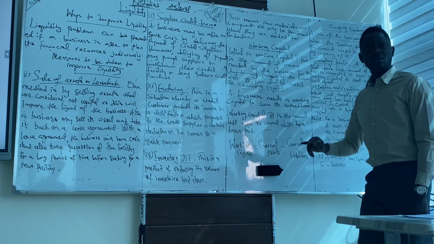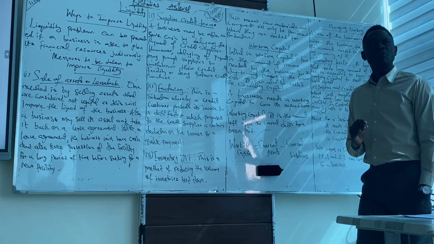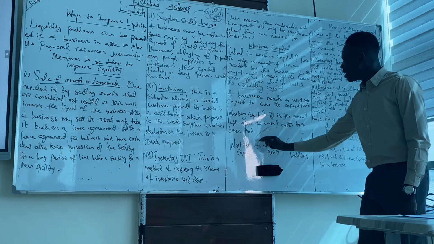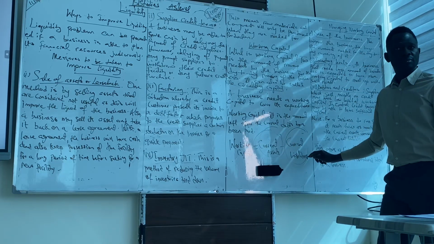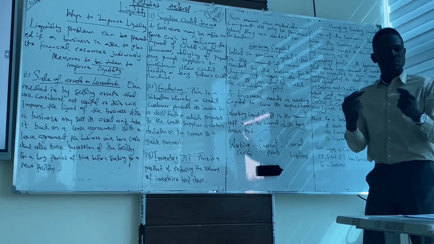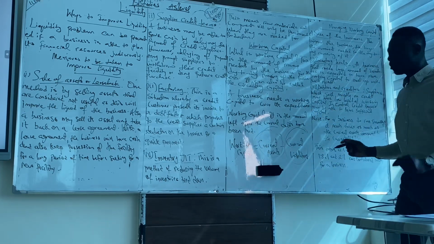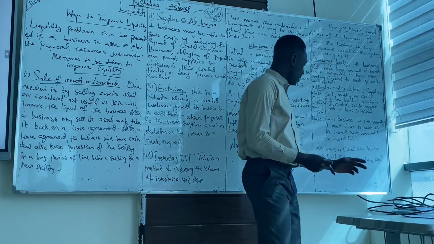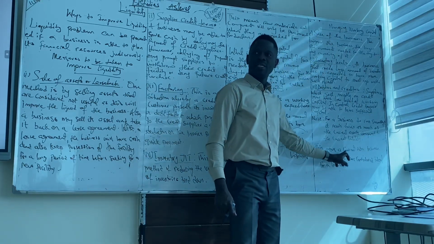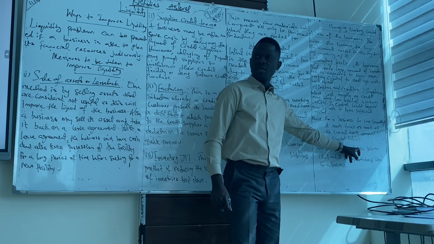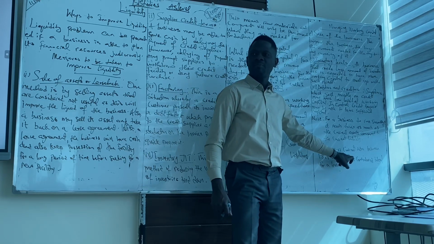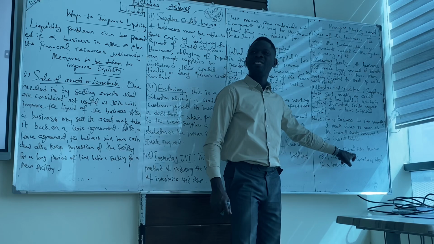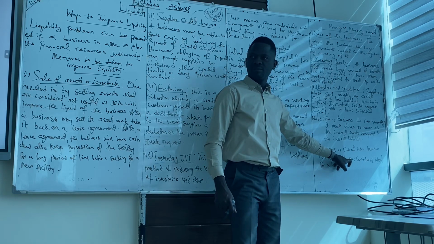For you to run your business smoothly and have enough working capital, your current assets must be twice your current liabilities. That's why the current ratio, what we did yesterday, has to be between 1.5:1 and 2:1 to be ideal. Anything more than this means that the business is running on a negative working capital.